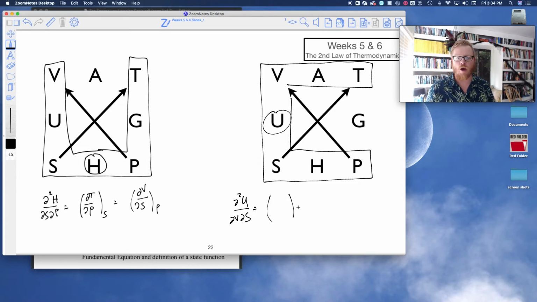And I know I'm going to have derivatives at constant S and derivatives at constant V. Same thing: let's travel to the S, travel up the arrow, and I get to T, dT, and then I travel up the arrow and work my way back to U. So dT by dV.